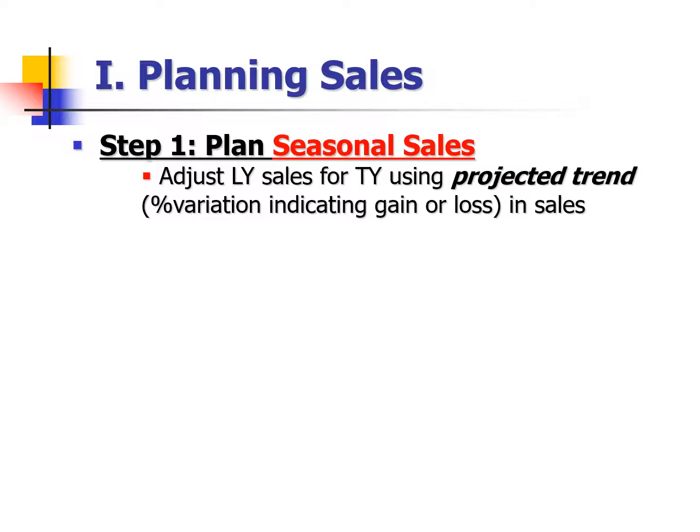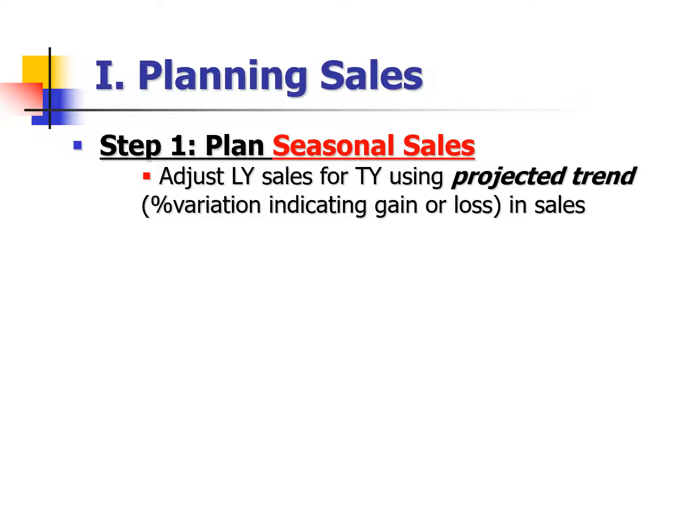So in planning all these sales, the first step is planning the seasonal total sales. And we do this by adjusting what happened last year, so last year's seasonal total sales, for this year, using some trend that we project. We learned trends a long time ago. A trend is a percent variation between two consecutive years, right?